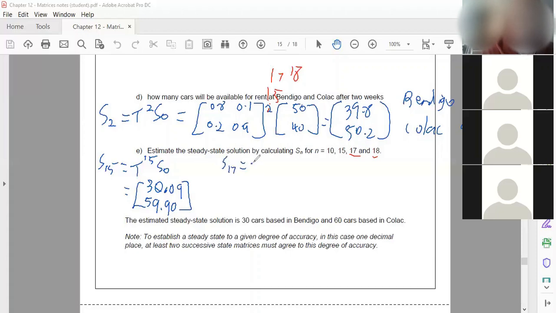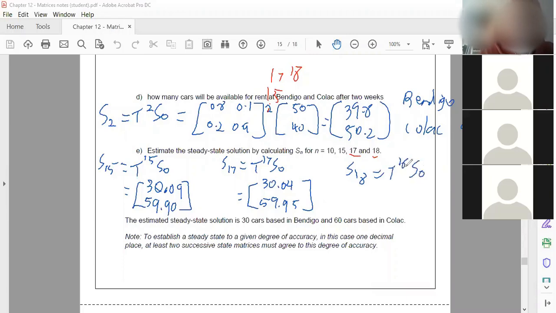I know I'm not doing 16. If there's a change at 17, that means most likely there will be a change at 16. So this answer is 30.04 and 59.95.